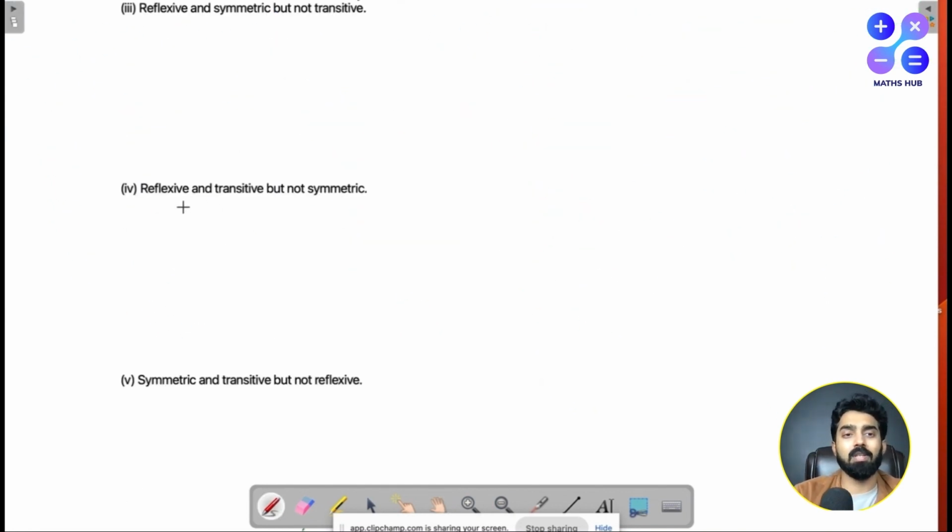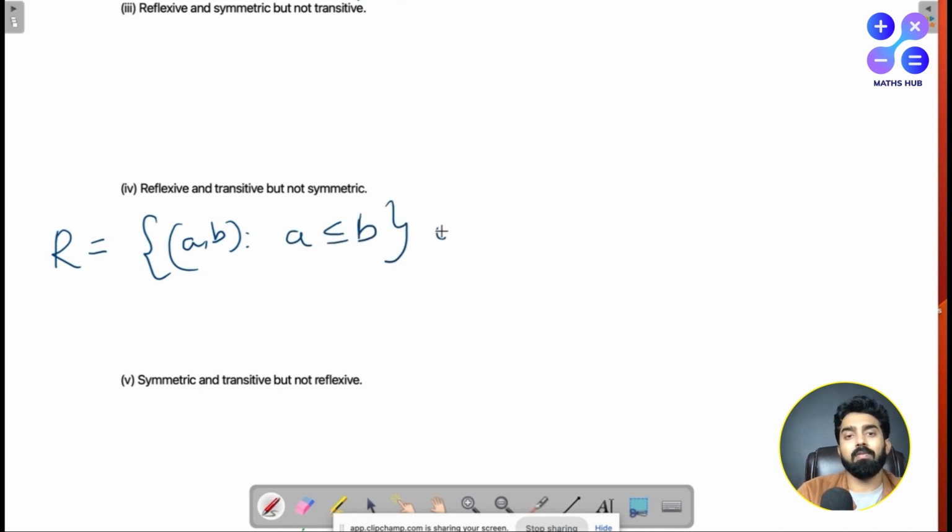Great. Let's try question number 4. Reflexive and transitive, but not symmetric. So this relation is A comma B such that A is less than or equal to B on the set of real numbers. Let's check. Is it reflexive, symmetric, and transitive?